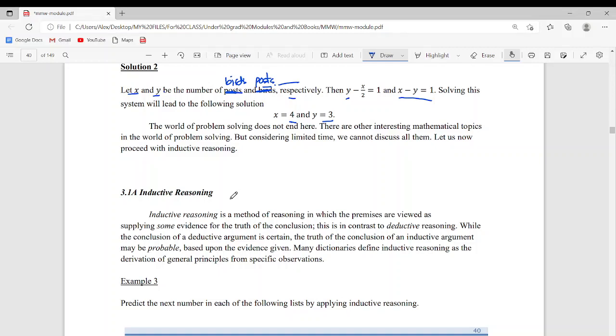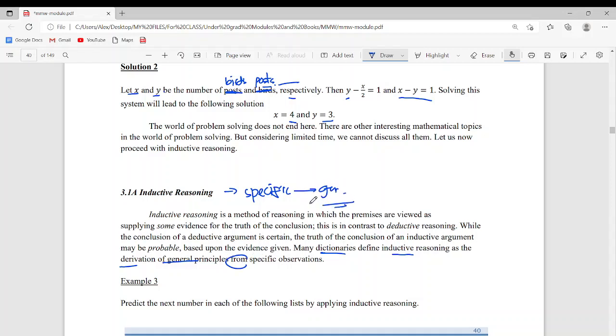While the conclusion of a deductive argument is certain, the truth of the conclusion of an inductive argument may be probable, based upon the evidence given. Many dictionaries define inductive reasoning as the derivation of a general principle from a specific observation. It is from the specific to the general principle.